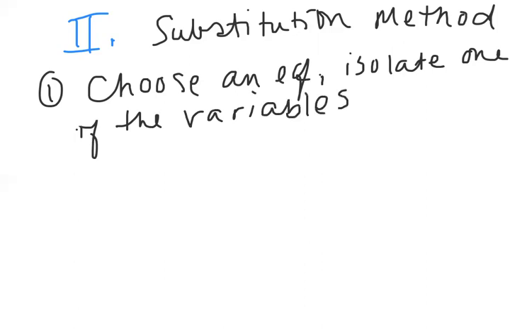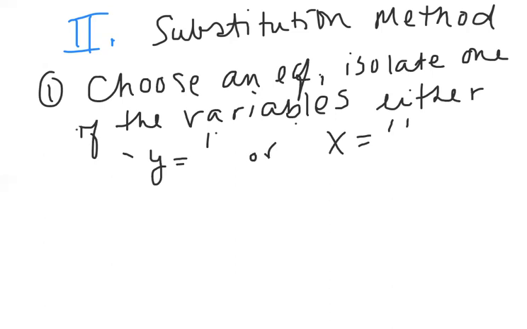Either you rewrite the equation you choose in the form of y equals, or perhaps in the form of x equals. But whatever you do, you need to solve for one of the variables, guys. That's the main purpose behind substitution. One of the variables must be solved for. If one of the variables is not solved for, then what's the point?